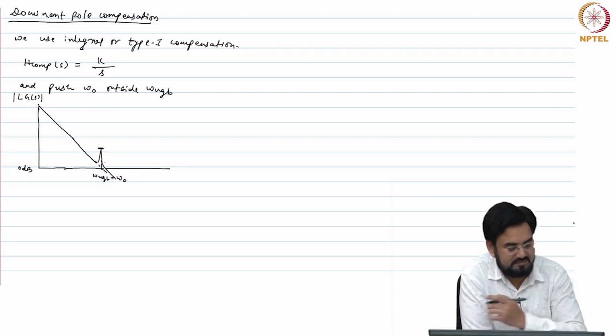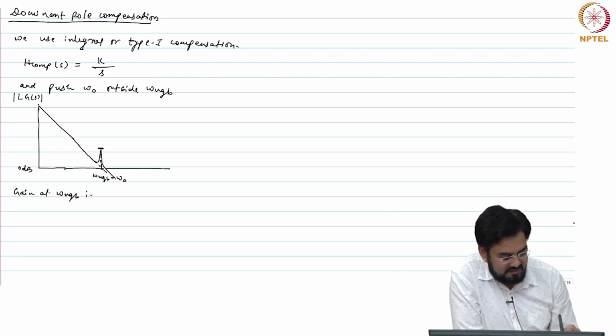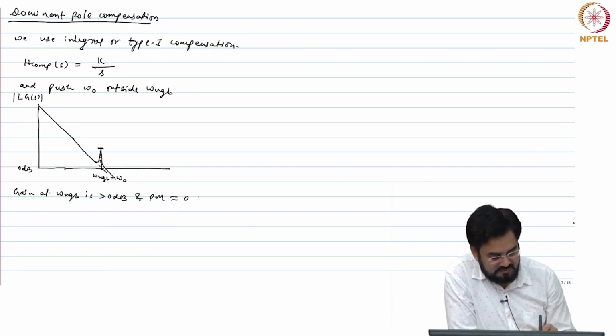So the gain at omega UGB is greater than 0 dB and the phase margin is close to 0. So this makes it unstable.